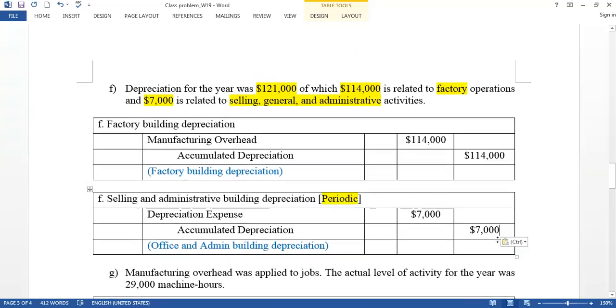So do you understand the difference between these two depreciation expenses? One is factory and another is periodic. So we have different terms.